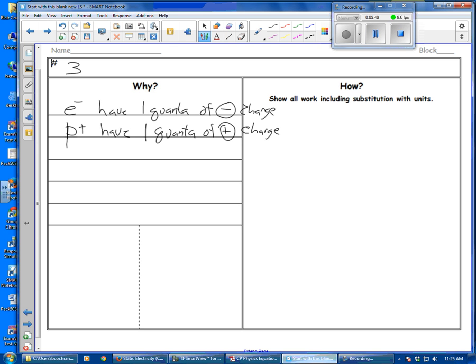And I'd also hope that you would express that the net charge is due to the imbalance of positive and negative charges.